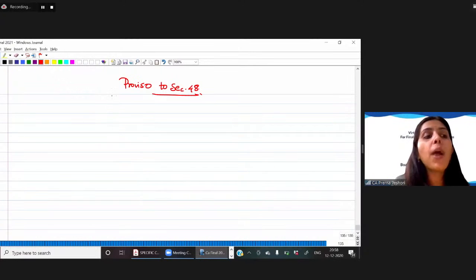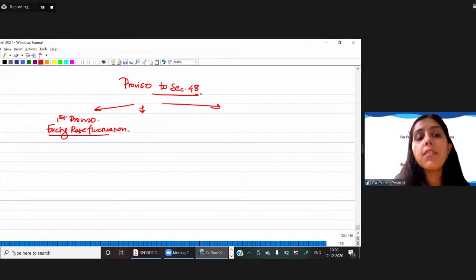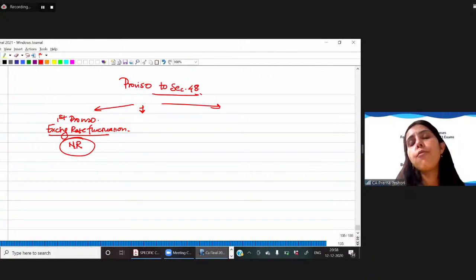Now, what are these provisos to section 48? The first proviso to 48 talks about exchange rate fluctuation. This I am not doing again because I have comprehensively covered it while doing international tax class, because this is applicable only to non-resident when you invest in foreign currency in the shares of Indian company or debentures.